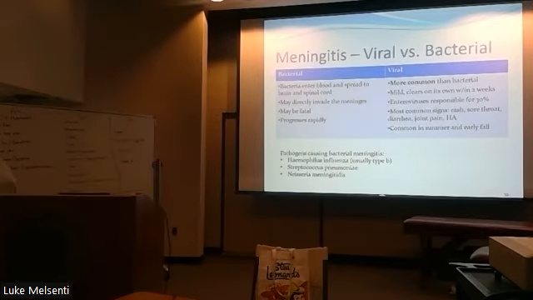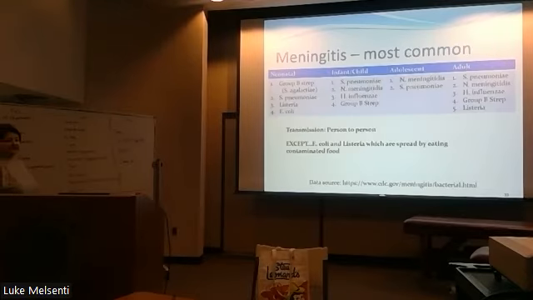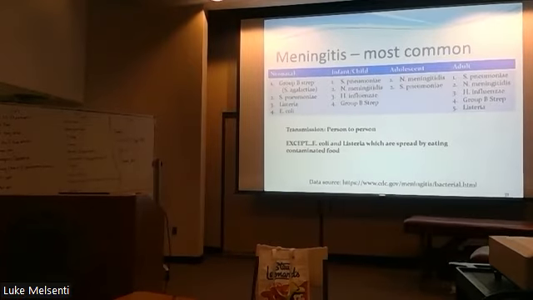Pathogens causing bacterial meningitis. These are the ones to look at for this column. The ones to keep in your mind are the most important. And then you need to know what your age groups are for what's most common. Here we go again. Group B strep, Strep agalactiae, Strep pneumoniae.